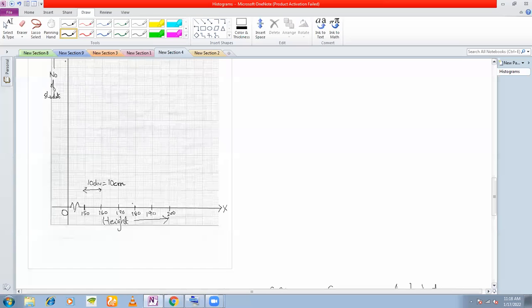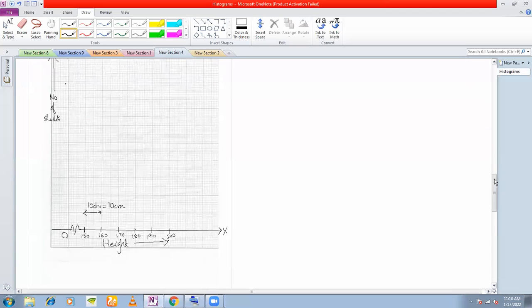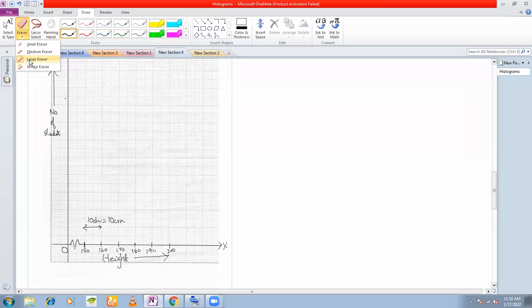So one division must be equal to 1 centimeter. So we'll write a scale along the x-axis: one smallest division is equal to 1 centimeter. Okay, so we've written the scale along the x-axis.